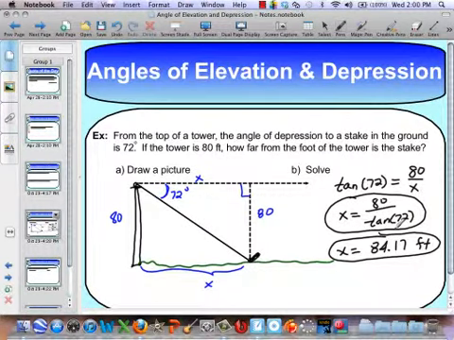How would you calculate 80 divided by tangent 72? Oh, shoot, yeah, this is the one I was using a calculator. I'm probably in reading mode. Let's try that again, shall we? Hey, look at that.